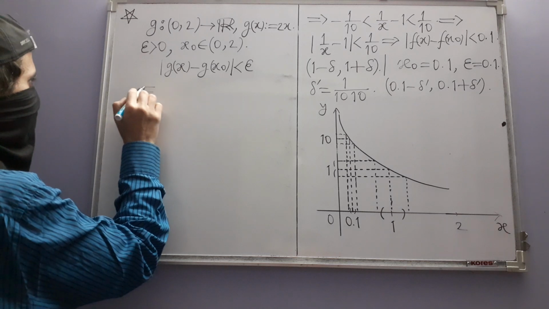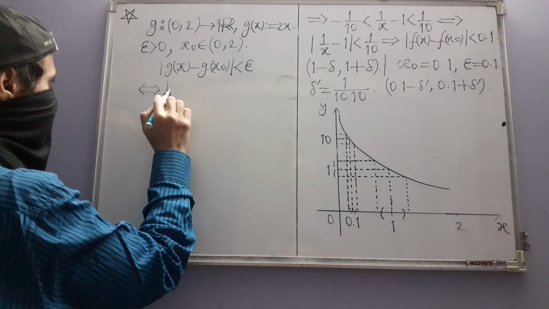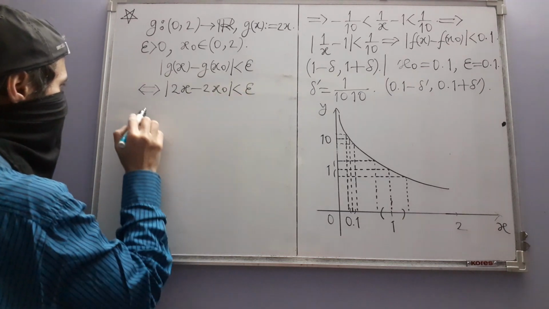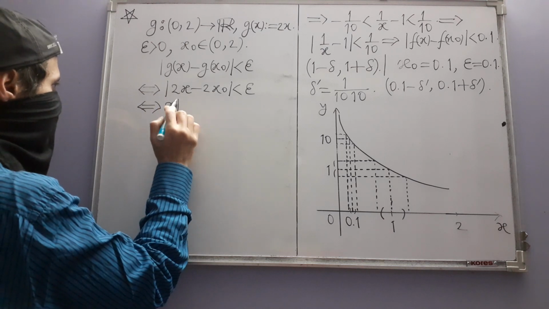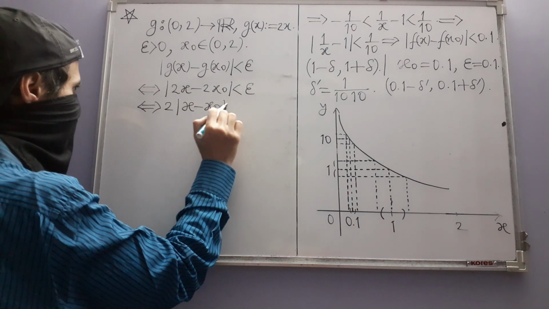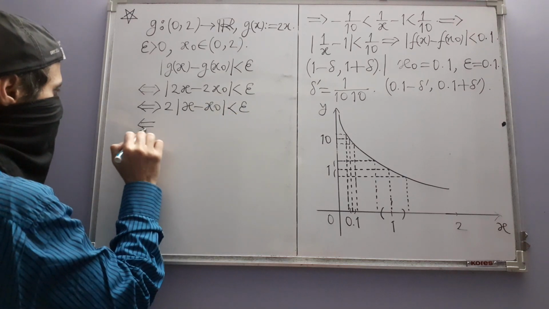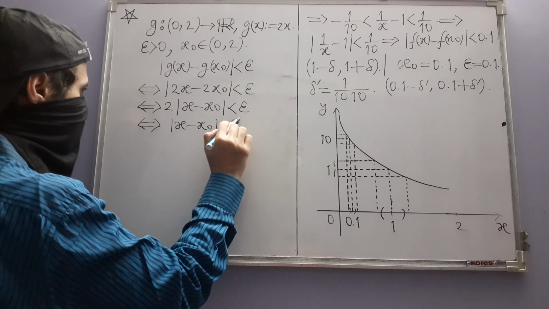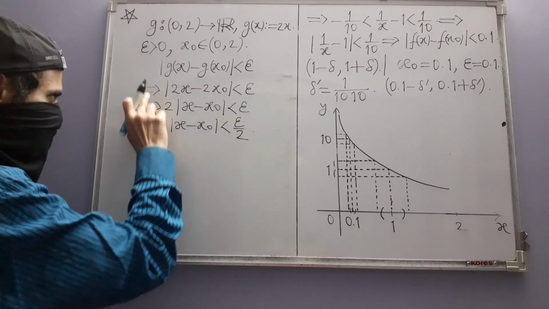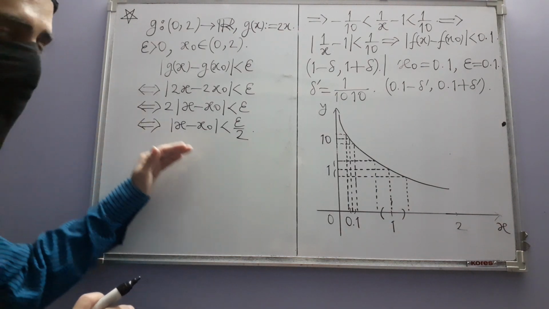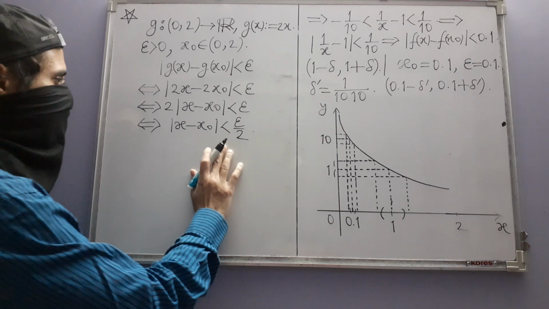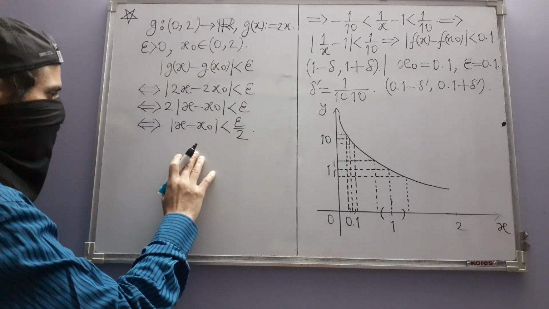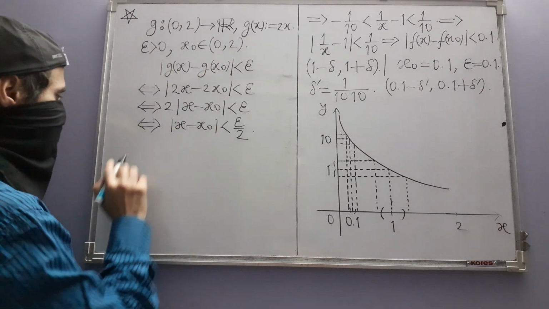It means what if I use the definition of G? It means I have this. 2 comes outside using properties of absolute value and the fact that 2 is positive, and we can divide throughout by 2. Note carefully that here we are writing if and only if, not just implication, which means that in this case, now if I write these inequalities as intervals, we get this.